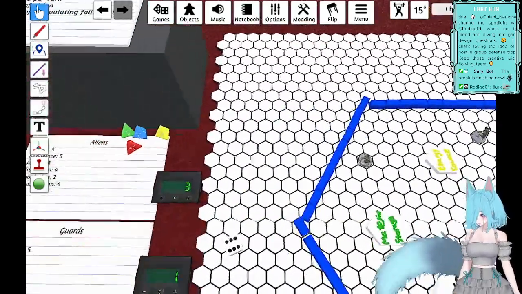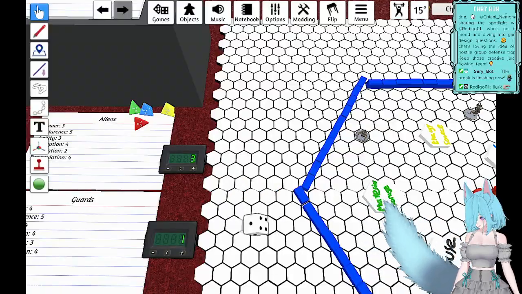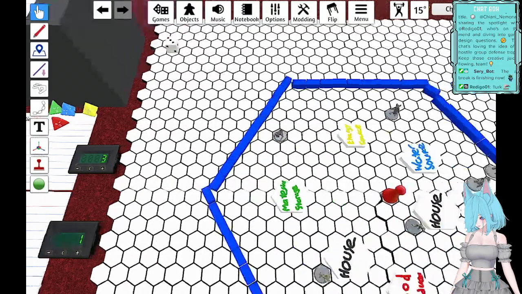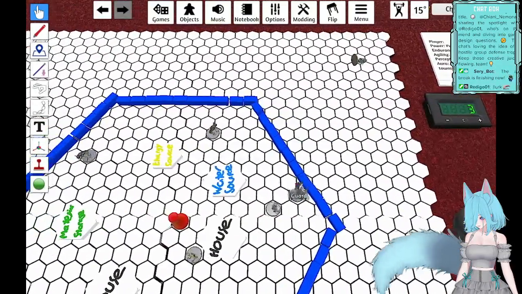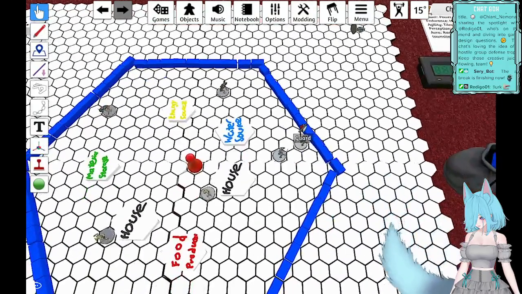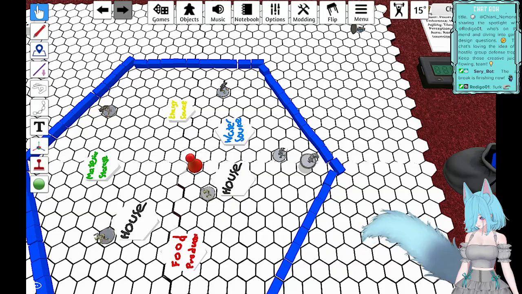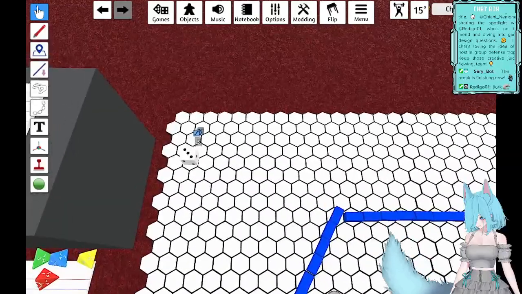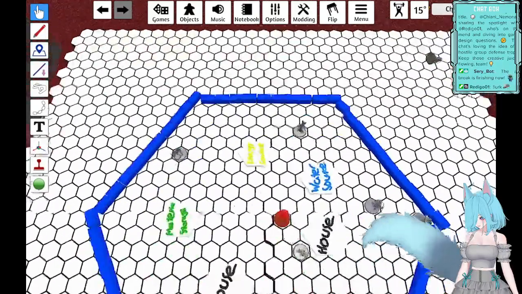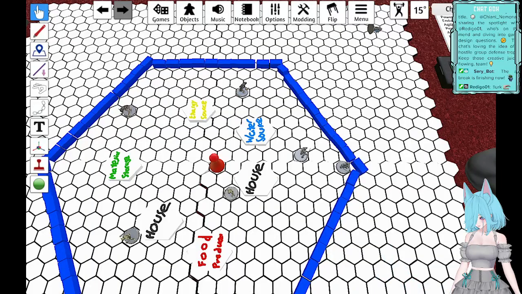And what about these guys? They're seeing the wall. One, two, three. Yeah, these guys just apparently like walls. One, two, three.